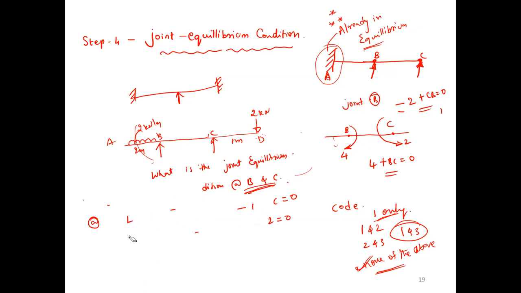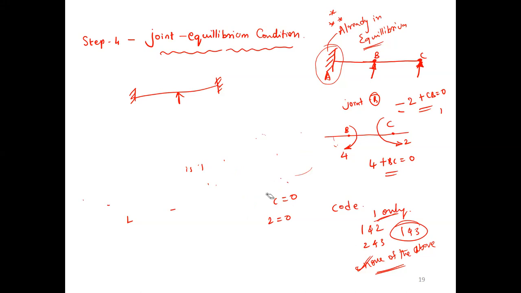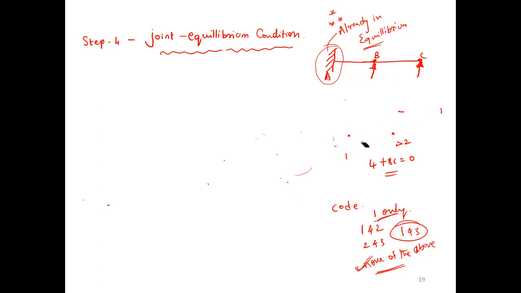Next thing. For this particular problem, what is the joint equilibrium condition? For this particular problem, the joint equilibrium condition is MBA plus MBC equals 0.